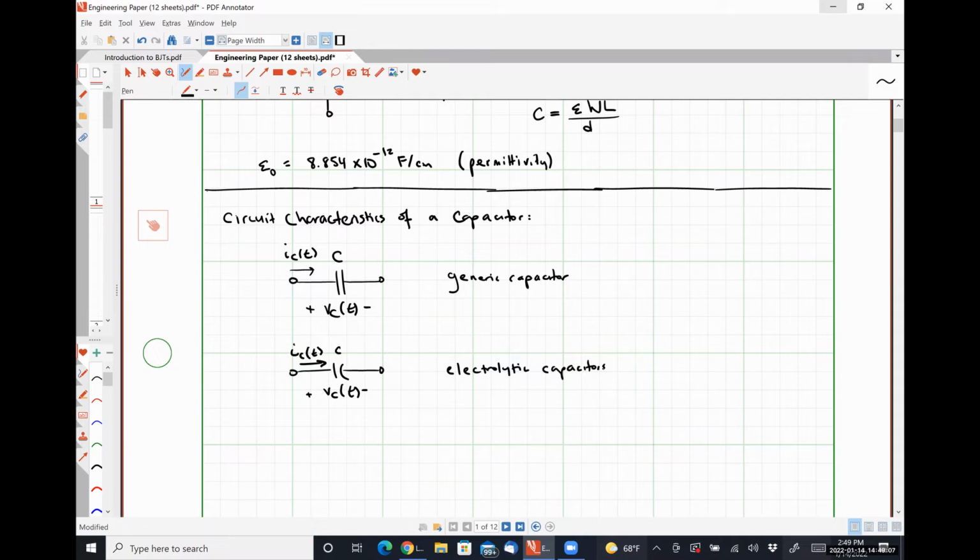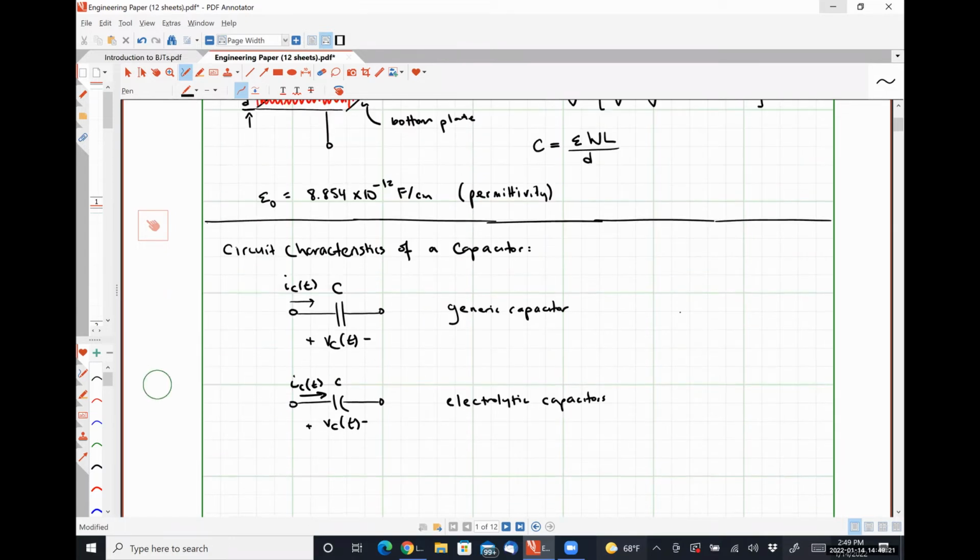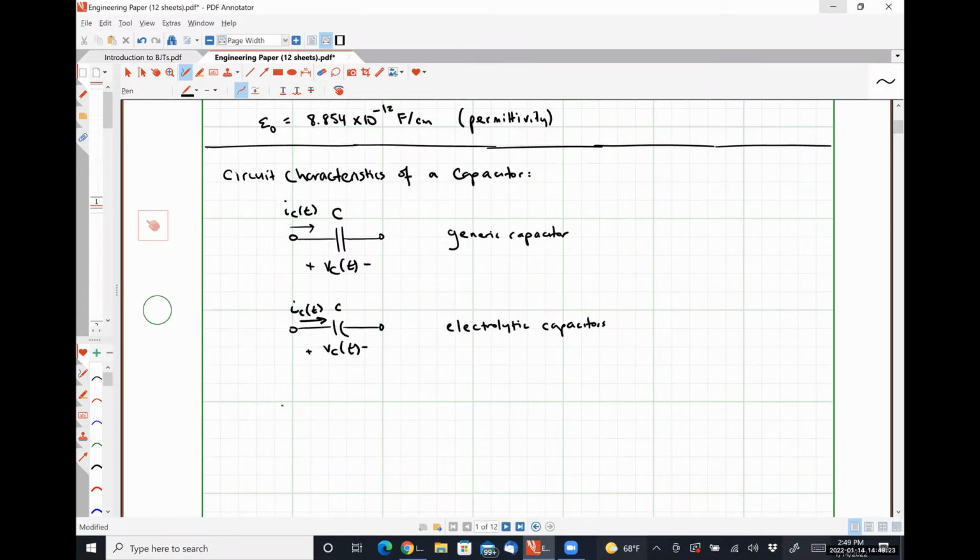All right. So let's talk about our current voltage relationships here, okay? Current I of T through a capacitor, by definition, is just the derivative of the charge stored on the capacitor with respect to time.